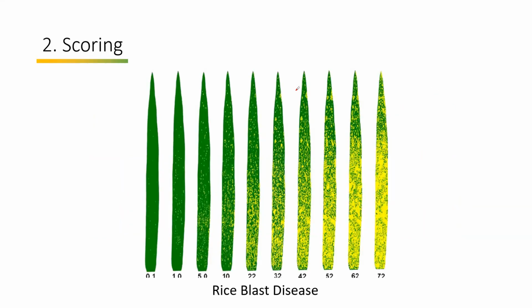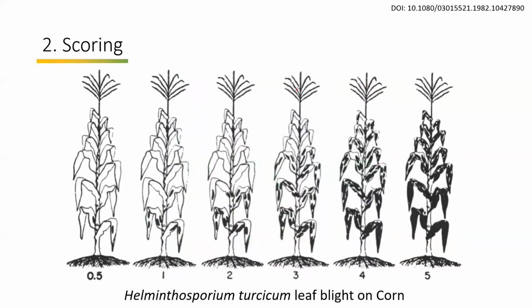This is also scoring for rust disease in the leaf, and sometimes we conduct monitoring not on the leaf but on the whole plant from bottom to top. This is the example: Helminthosporium causes leaf blight disease on corn. We have some scoring here. When there is no symptom, of course the score will be 0.